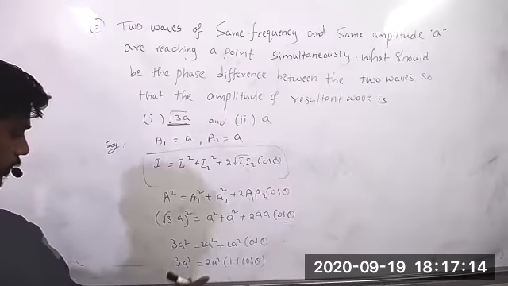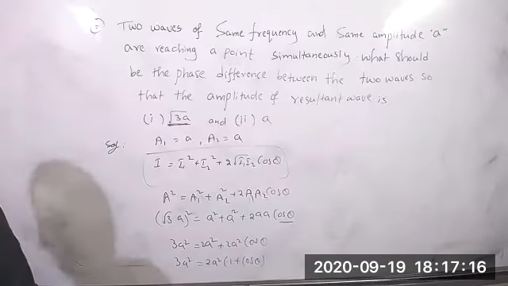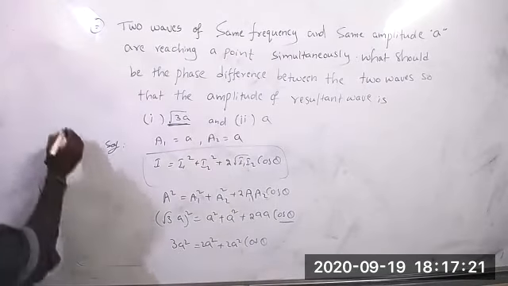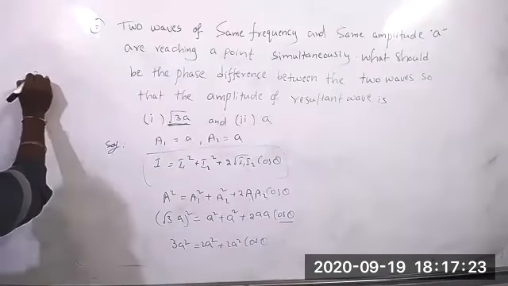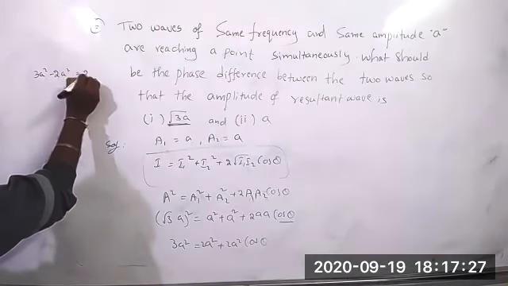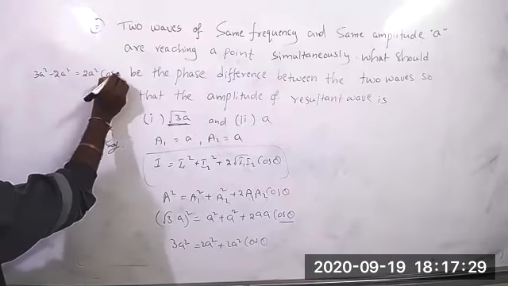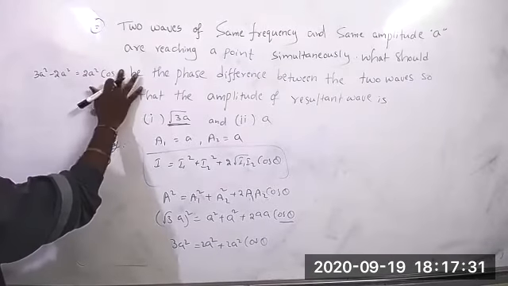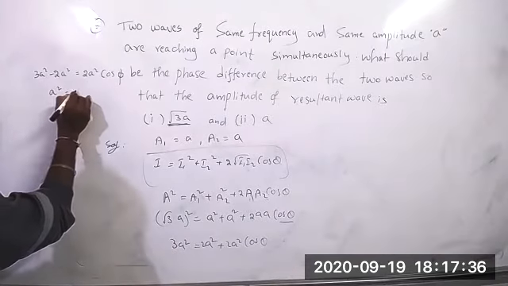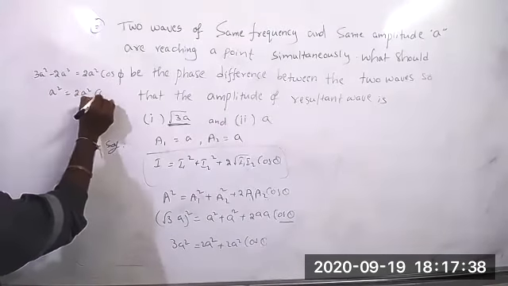See, you can do it like that, or just send this a square to this side. 3a square minus 2a square equals 2a square cos theta, because of the phase difference. So a square equals 2a square cos theta.